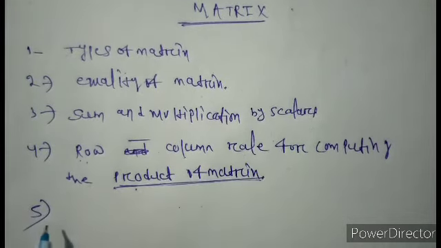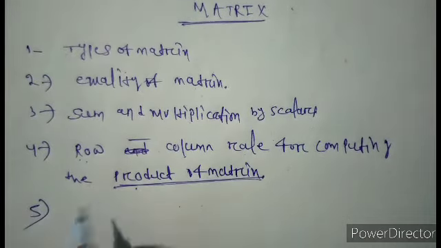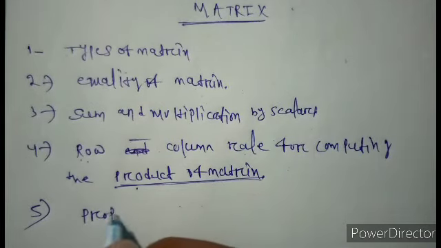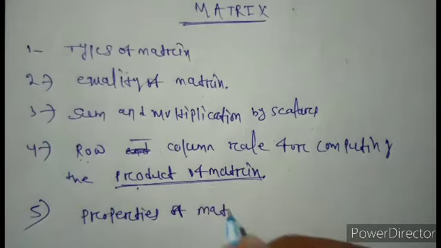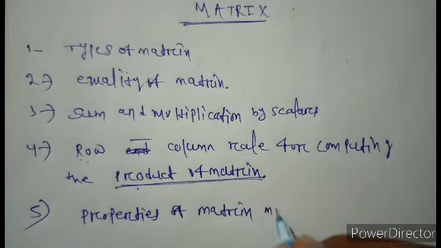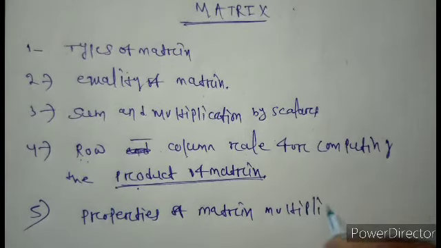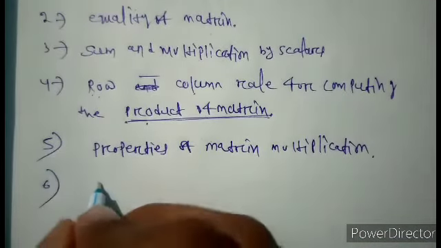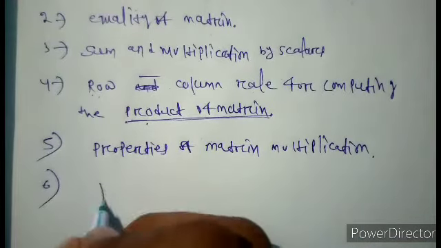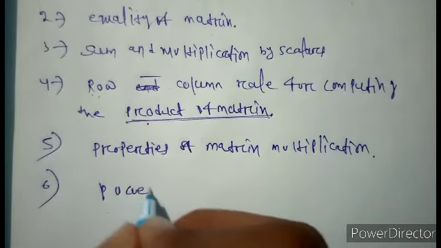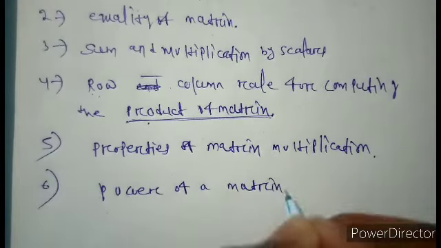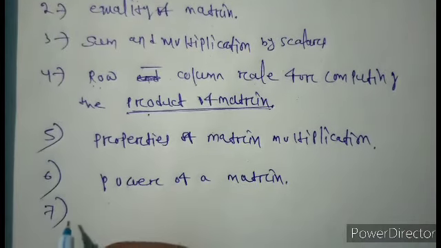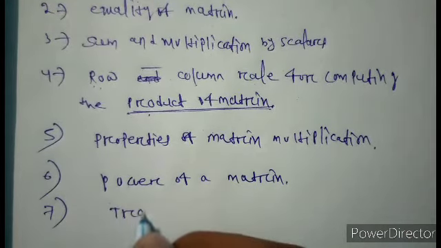Fifth one is properties of matrix multiplication. Sixth one is power of a matrix. Seventh one is transpose of a matrix.